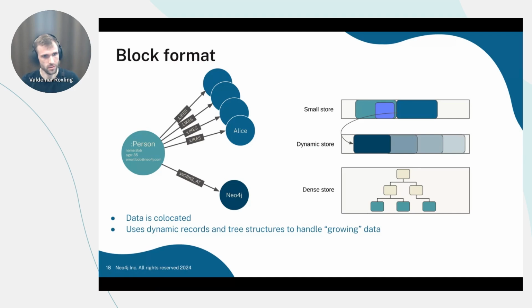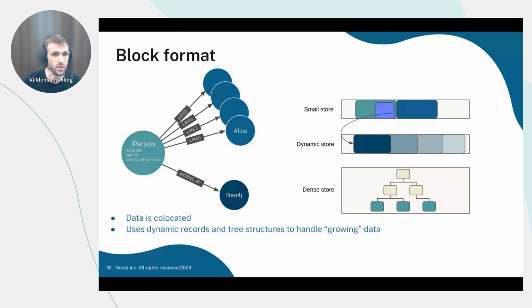So in block format, the data is co-located. We don't have a node store, a relationship store, and a property store. We have something first that we call the small store, which stores small nodes that don't have a lot of data. And when the data doesn't fit there in the small store, we have something we call the dynamic store. This is a store that has dynamic records, so things that can start out quite small and then grow as needed or shrink as needed.